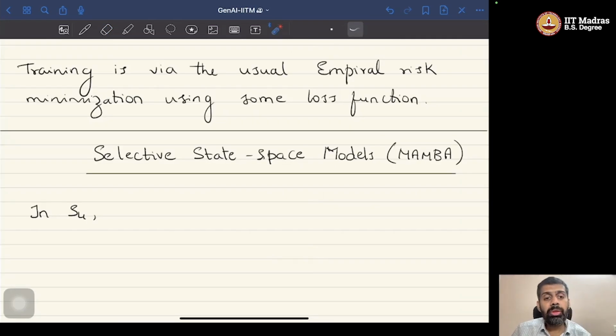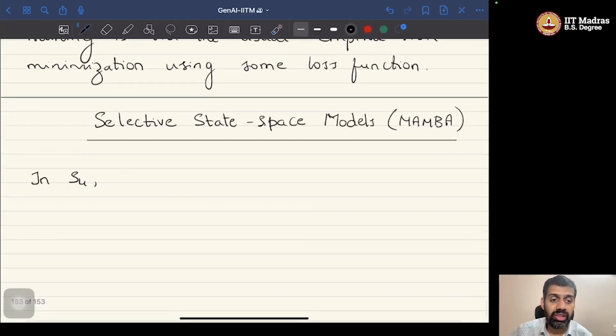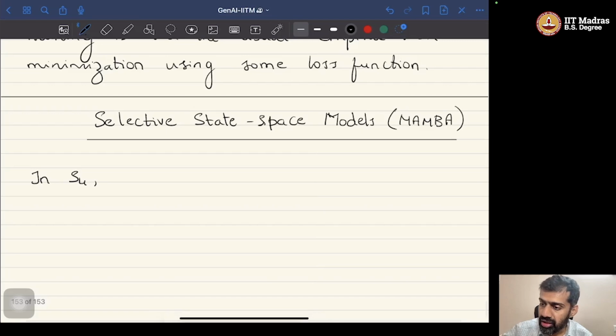Okay. One other member in this family of state space models that we will discuss is what is known as Mamba. It's also called selective state space models. That's a more appropriate naming in my opinion. So in the model that we saw so far, which is called S4, the kernel is fixed.